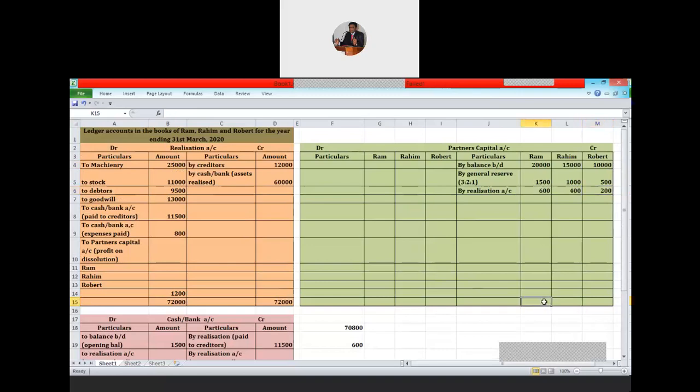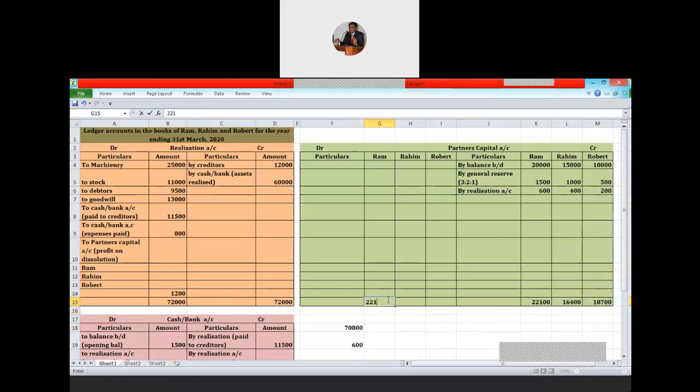So take the totals of capitals of Ram, Rahim and Robert. Ram capital stood at 22,100, Rahim capital stood at 16,400 and Robert capital stood at 10,700.